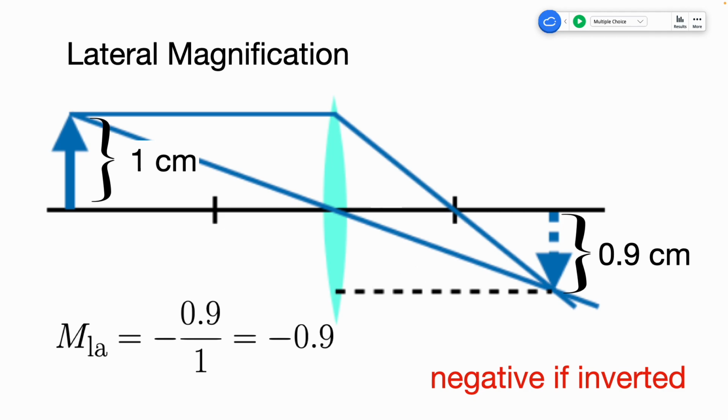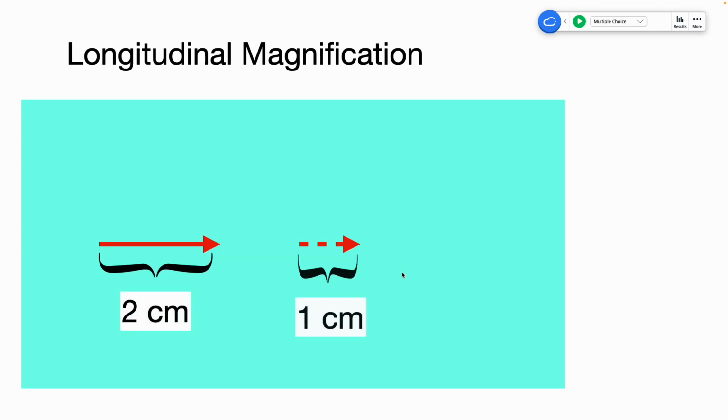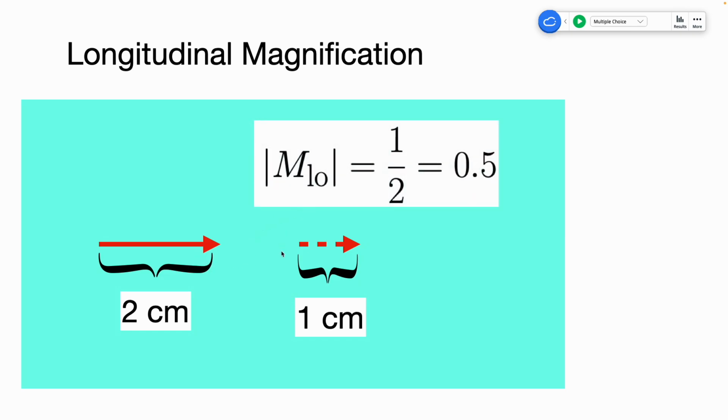Next, we have longitudinal magnification. We saw that the object inside water will appear to be closer. What you don't know is that it will actually appear to be shorter. But this direction is longitudinal, not lateral. Lateral is perpendicular to the line of sight. Here it is along the line of sight, just shorter. Then again, you divide the lengths and you get a magnification.